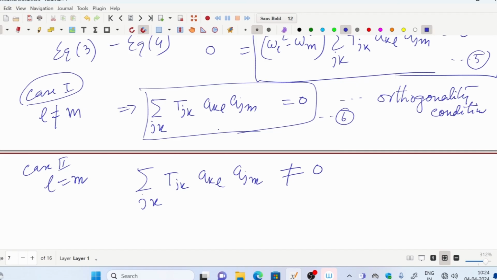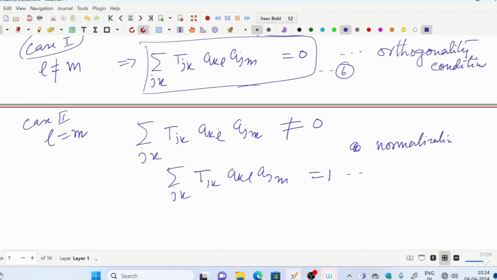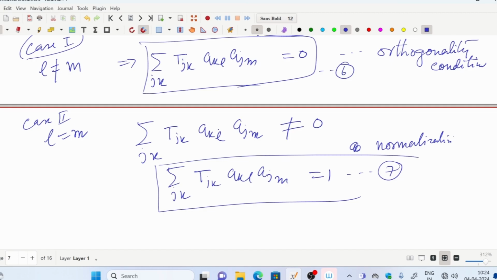And here we consider this normalization of the eigenvectors such that the sum over j k of T j k a k l a j m equals 1.